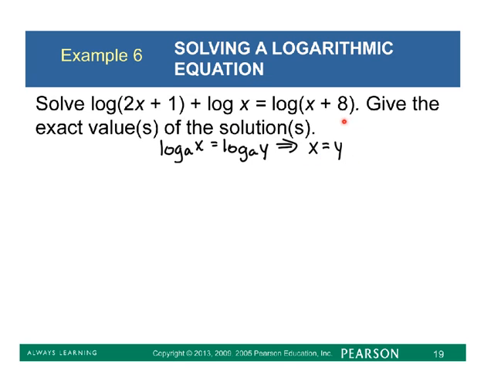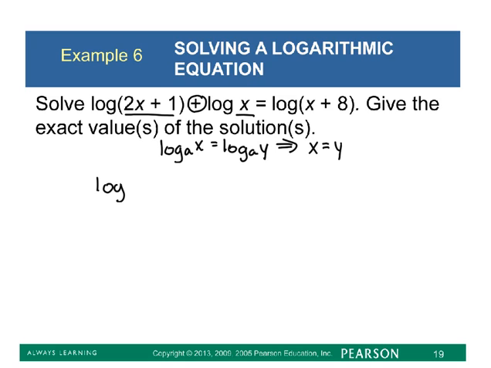So for this one right here, the first thing that we need to do is condense each side of our equation. So put together these two logarithms with our logarithmic properties. Since we have two logs being added together, what's inside our logarithms is going to be multiplied together.